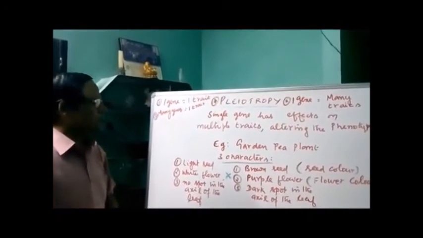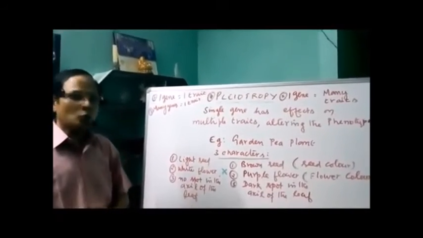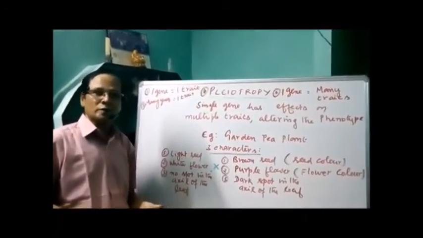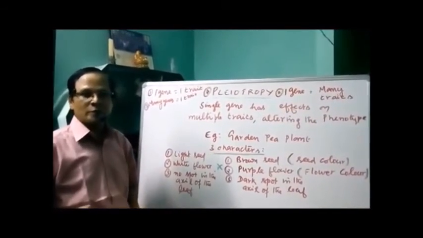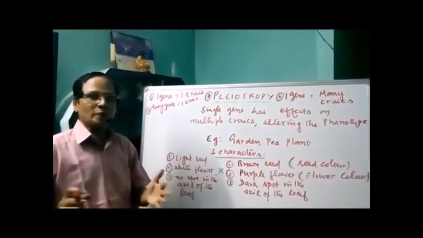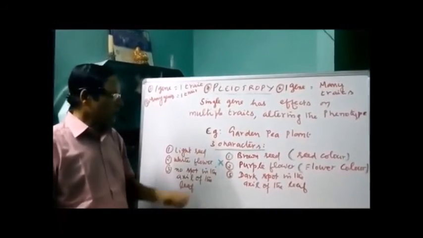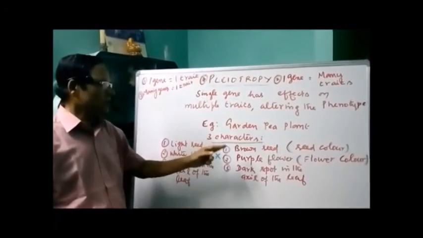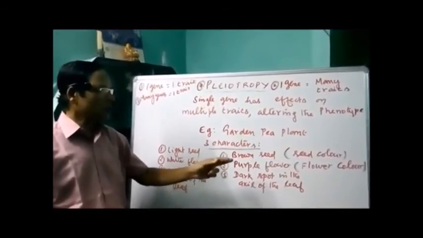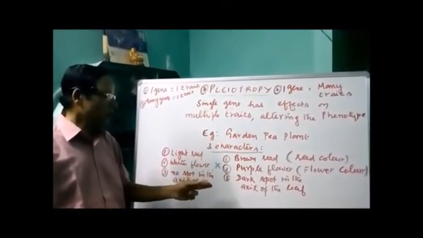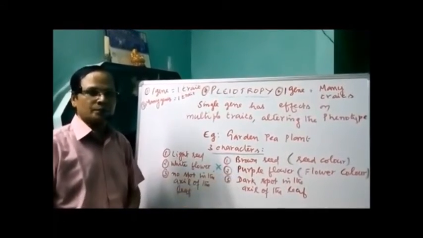It was observed by Mendel while he was doing breeding experiments with the garden pea plant. In the garden pea plant, he observed three characters: one, the seed color; another, the flower color; the third, a spot in the axil of the leaf.